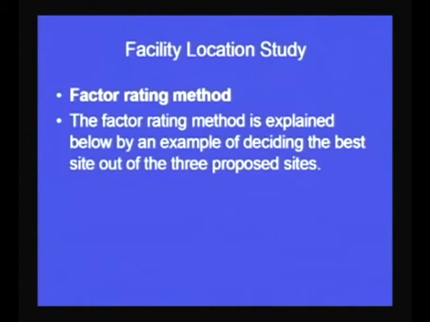We have to choose the most optimal location which would give us the maximum profit. For that we can use this factor rating plan, in which first we identify the factors and then we give relative weightage to these factors, and then for each individual location we do the analysis, and finally we are able to choose the best location based on the factor rating method.